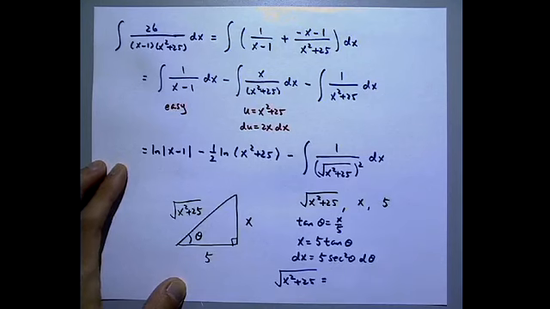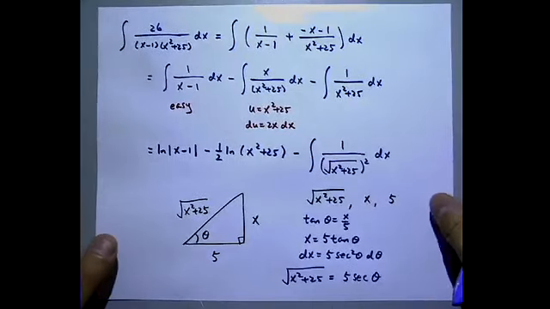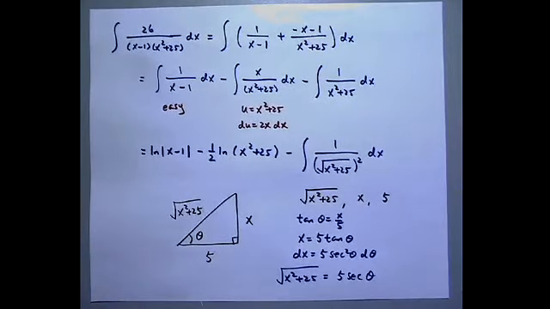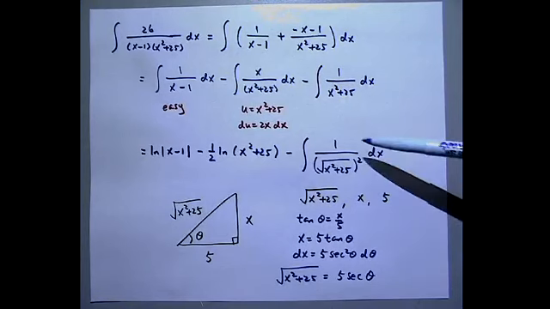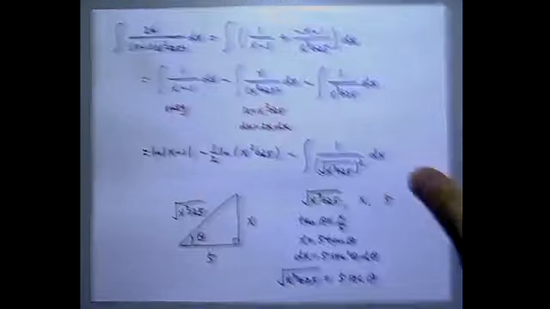And radical x squared plus 25 is 5 secant theta. Okay? So pretty typical trig substitution set up here. The only tricky step here is to introduce that.